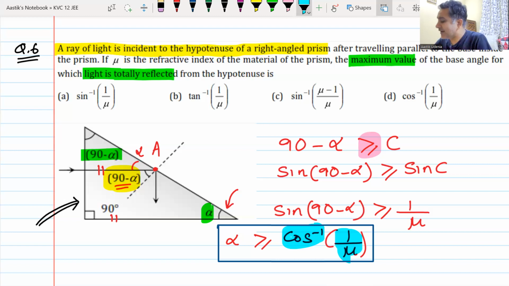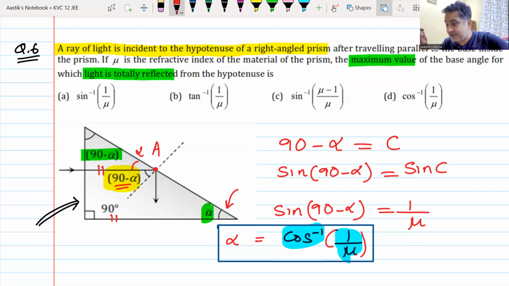Okay, you can take the equality just to understand. Now, remember, if it was sine of this angle, when alpha increases, the value of sine alpha increases. When alpha increases, the value of cos alpha decreases. Do we understand this? So here we are getting minimum, but that time it is cos inverse. Therefore, it is a maximum value. Do we understand this?